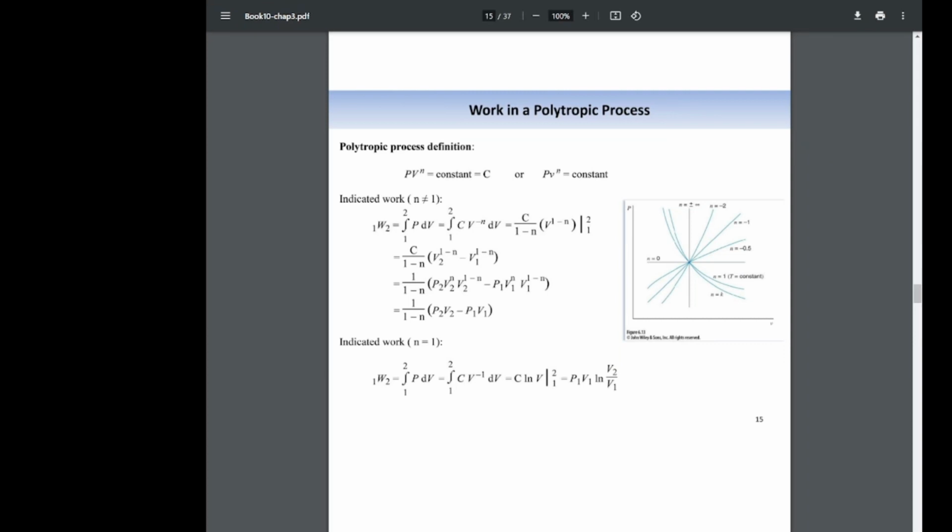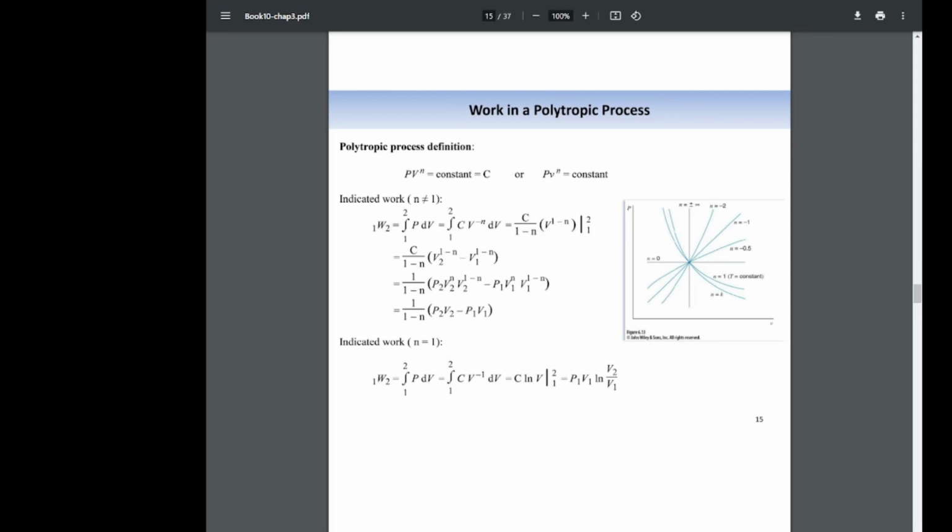Then this just becomes V to the 1, or just V2, and this, together, becomes V1 raised to the first power, which is just V1. So here's the final form of that. And this is, of course, if n is not equal to 1.